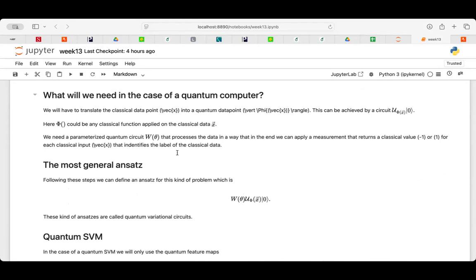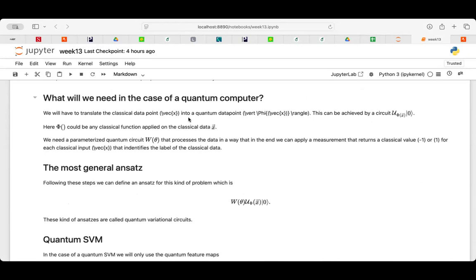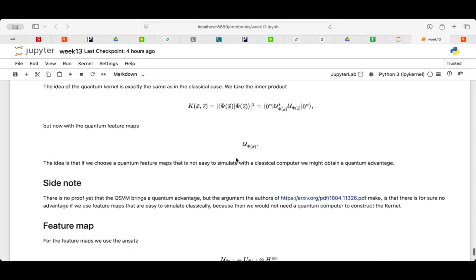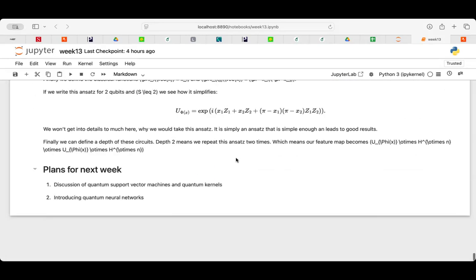So next week, and these slides are better viewed in the PDF file, because the Jupyter notebook didn't render the mathematics properly. I'm going to fix that for next time. But the plan, if we now scroll down, is that next week we are going to discuss the quantum support vector machines and also quantum kernels. And then if we get time, we will introduce quantum neural networks.